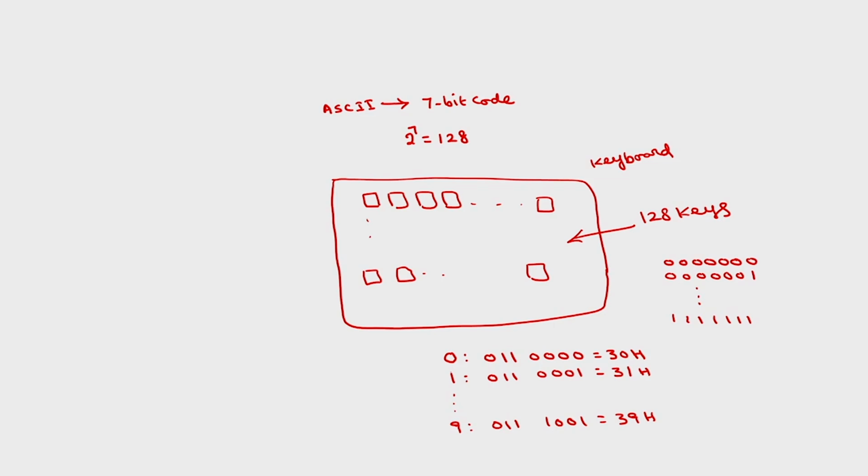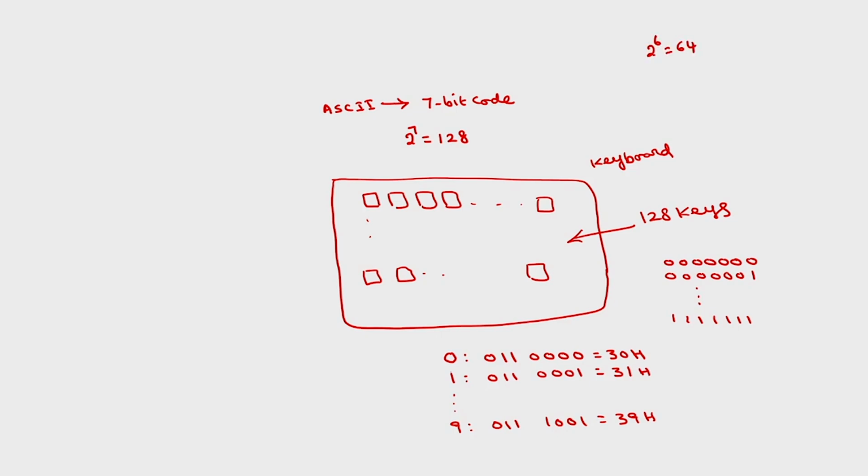Similarly, we have extended binary coded decimal. So why are this many codes and keys required? Initially there were computers with a 6-bit code, which is called 6-bit internal code. Using a 6-bit internal code, how many different keys can we have? 2 raised to the power of 6, which is equal to 64.